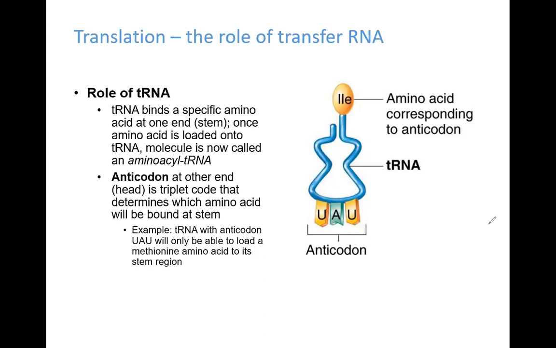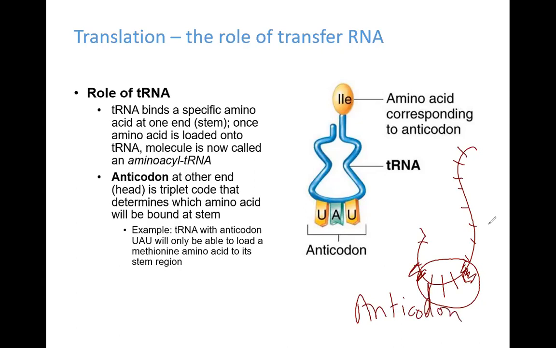Most textbooks just say it looks like a fish hook, but it's all made of nucleotides. These are all the bases along in here. And at the bottom of the curve, we have 3 bases, just 3, not anything else. This is called the anticodon.